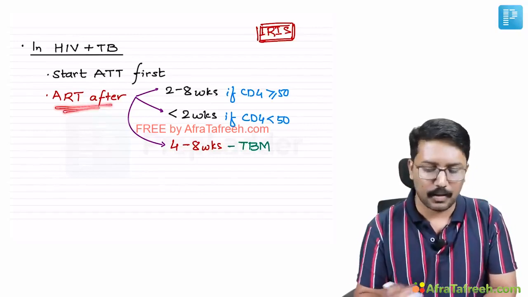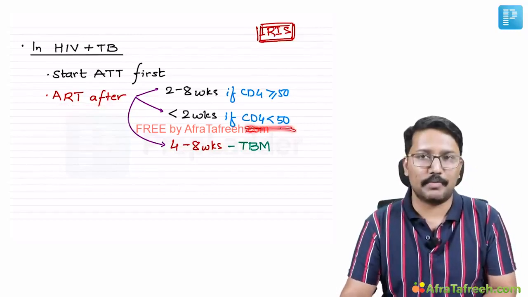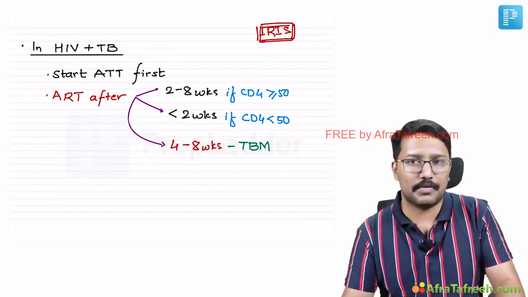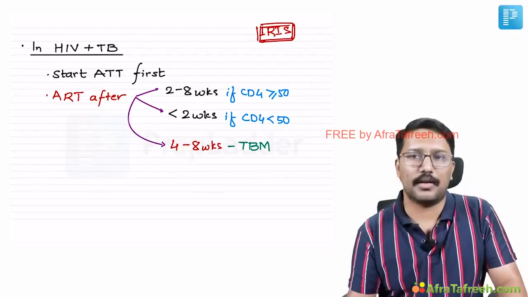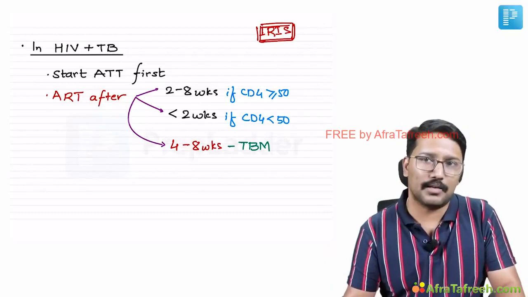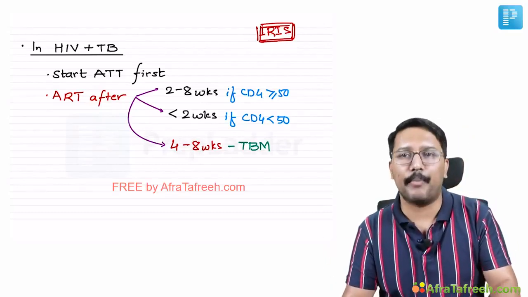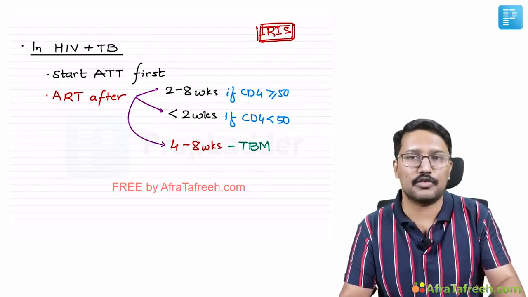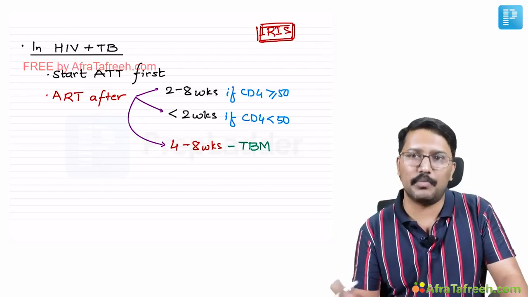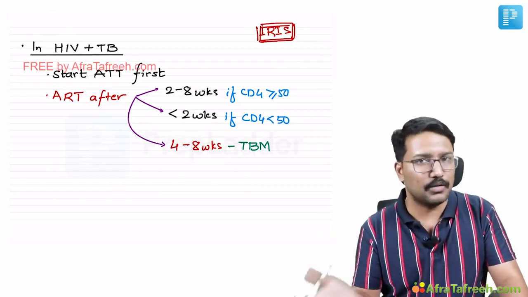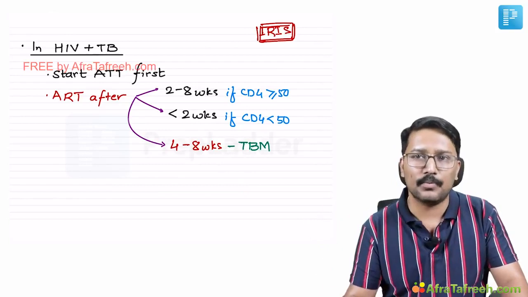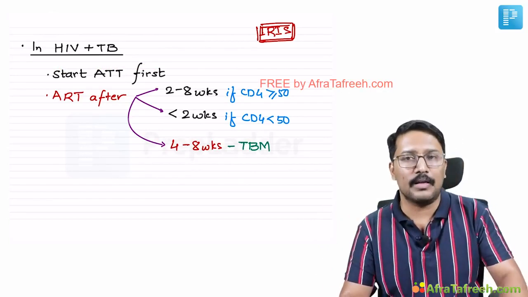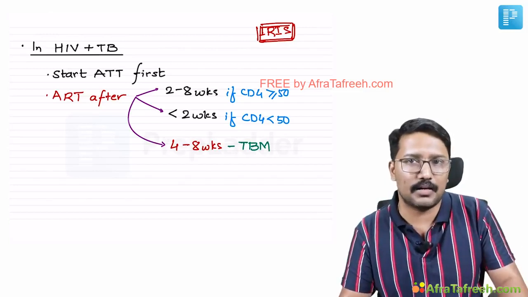But if the CD4 count is less than 50, we have to balance things out, because as I've already told you, if tuberculosis is not killing him, if IRIS is not killing him, other opportunistic infections like MAC or CMV infections can themselves be catastrophic. They can kill the patient. Now we have to keep his CD4 count above 50, and the only way to bring the CD4 count up is to kill the viruses, so to give the ART. So at this point of time, first we need to start ATT.